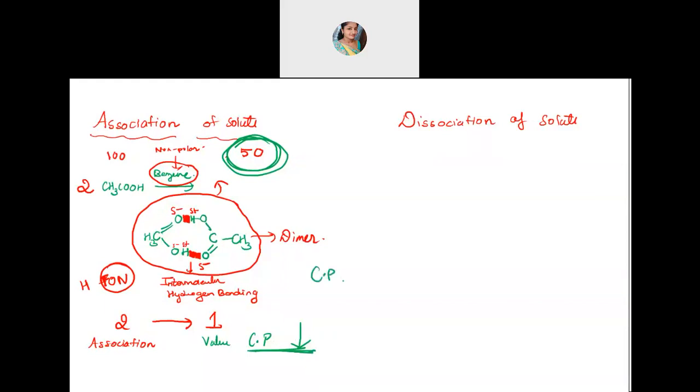Colligative property value is inversely proportional to the molar mass. So if your colligative property value is decreasing, since they are inversely related, your molar mass value will increase. Therefore, if colligative property value decreases, the molar mass of that solute will increase because there is association. Did you follow this point?